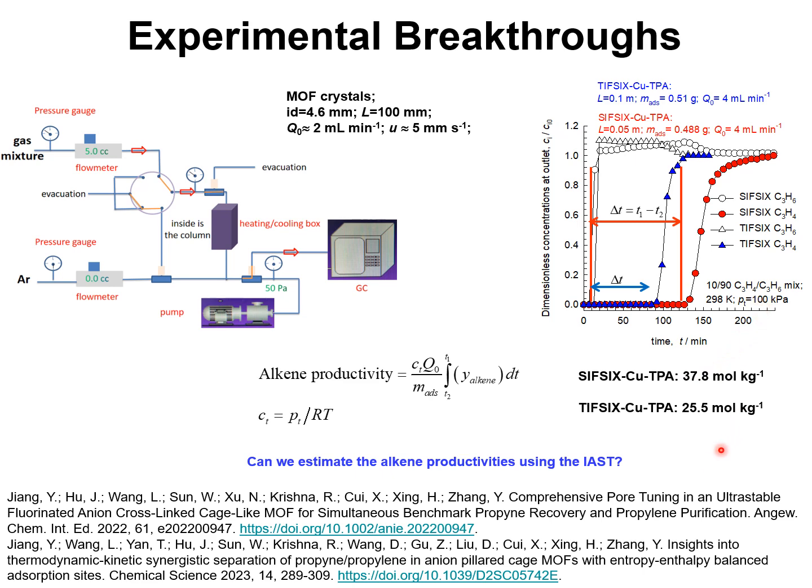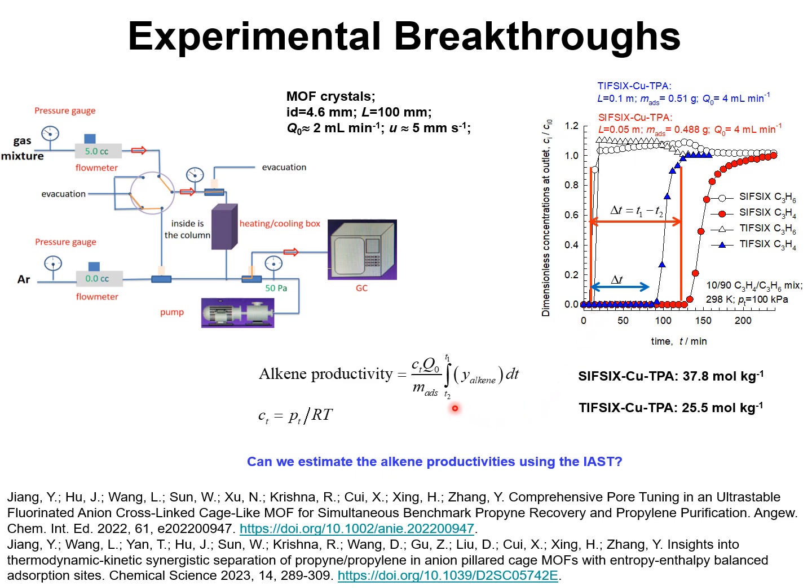And if we demand that the propyne content is less than, say, 40 ppm, we can use the experimental breakthroughs to determine the propene productivity, and a simple mass balance will show that the propene productivity is the molar concentration of the gas mixture at the inlet, C_T, which is the total pressure divided by RT, times Q0, the volumetric flow rate of the gas mixture at the inlet, divided by the mass of the adsorbent, and the integral from T2 to T1, where T1 is the breakthrough time for the propyne, and T2 is the breakthrough time for propene.